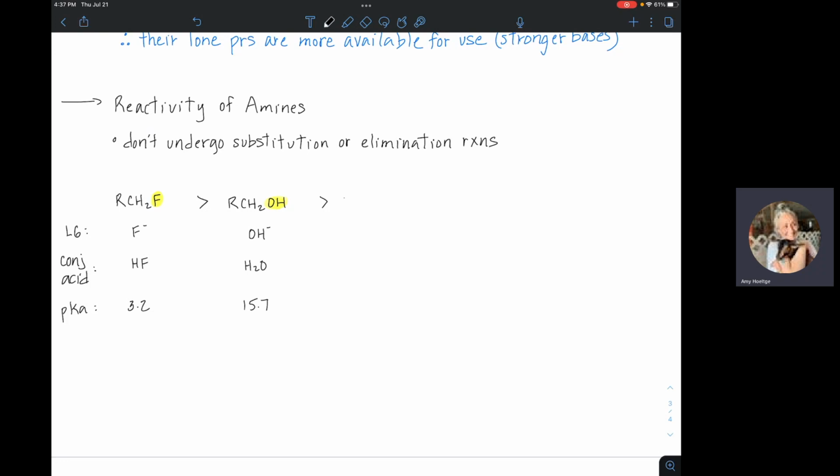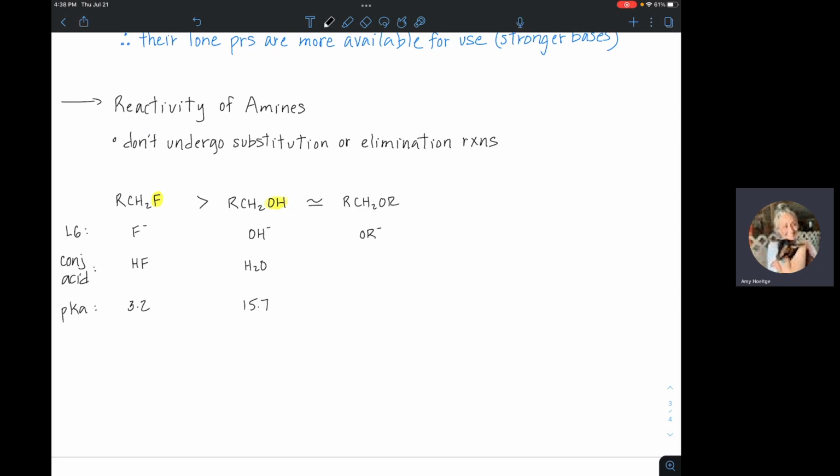We have an ether. I should probably say, instead of greater than, this is almost equal to, right? It kind of depends on what the R groups are. But your leaving group would be OR minus, right?